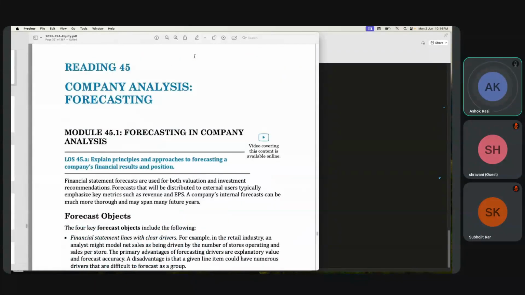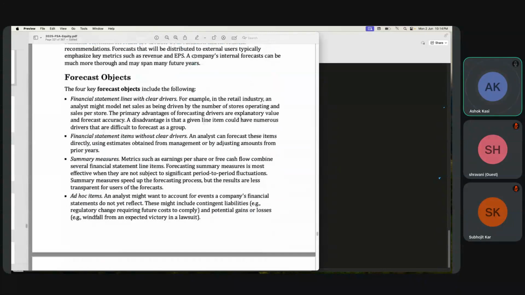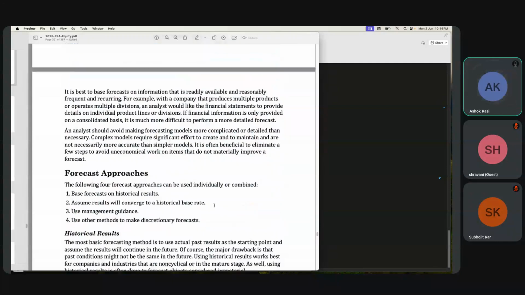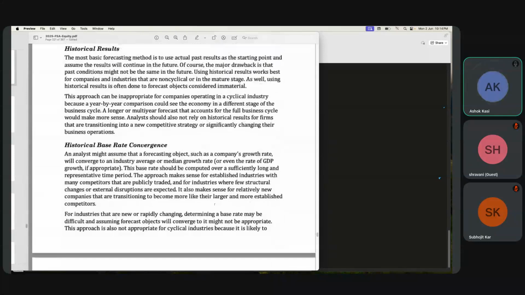Then company analysis, reading 45 company analysis forecasting. So how to forecast? Now this is also a good one. Just let me see how many are there further.